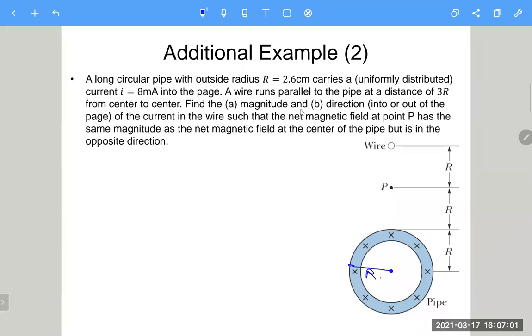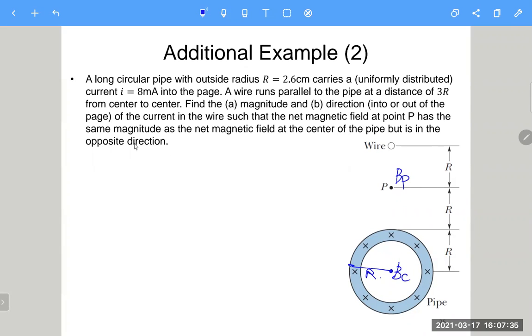Find the magnitude and direction of the current in the wire such that the net magnetic field at point P, which means BP here, has the same magnitude as the magnetic field at the center of the pipe, BC, but in the opposite direction.